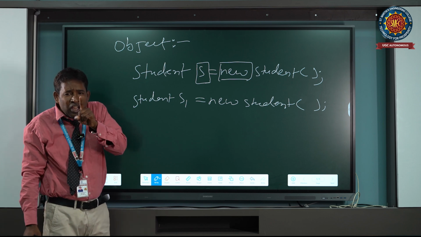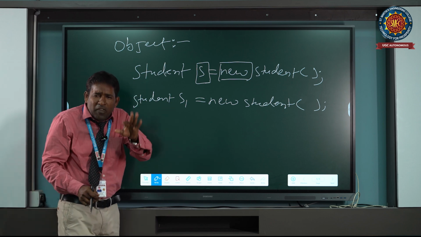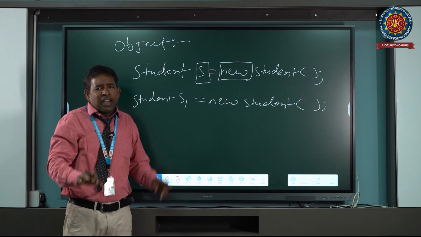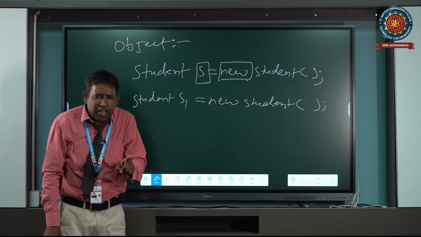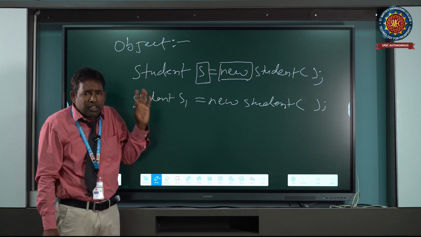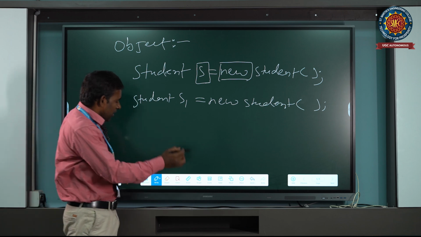Now we are creating only one object, that is s1. Next you can create n number of objects. Based on the plan, we can create n number of buildings. Like that, first you create the class, and based on the class we can create n number of objects. This is the syntax of how to create the object. An object means a real world entity. Clear? Next.